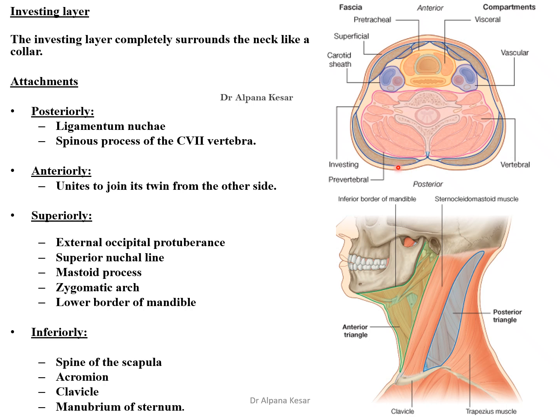The right and the left investing layers of deep cervical fascia move anteriorly and get attached to each other. There is no bony attachment anteriorly.